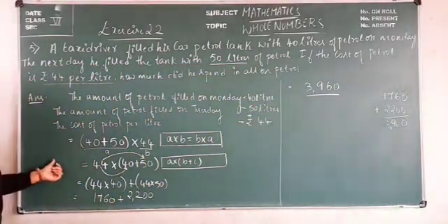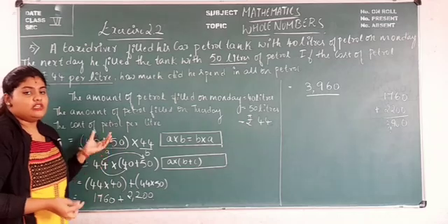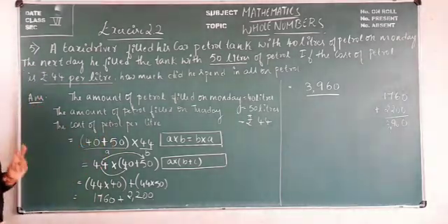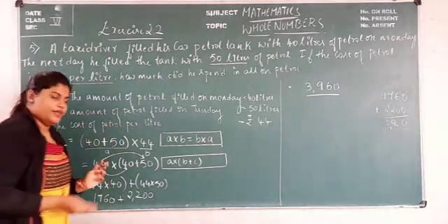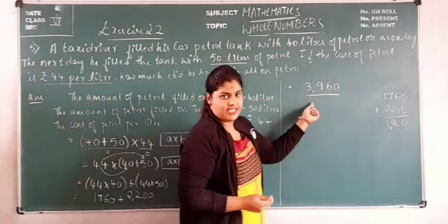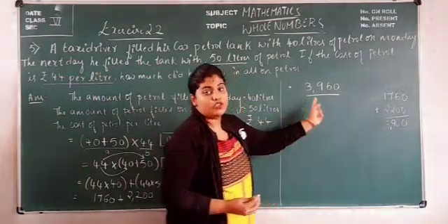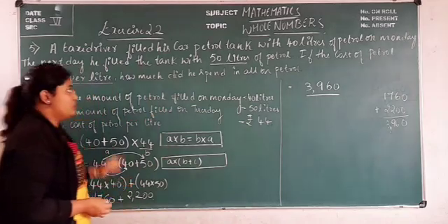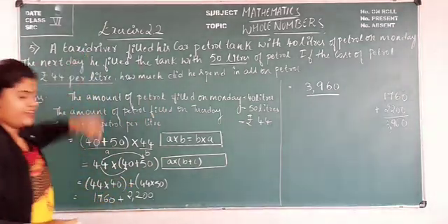So what is this 3960? Yes, it is the cost of petrol spent on both these days. So it is the total cost spent on petrol. So what is the total cost? Yes, 3960 is the total cost spent on petrol by this taxi driver.